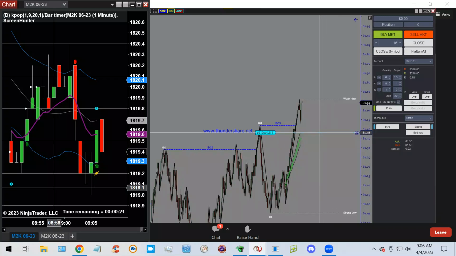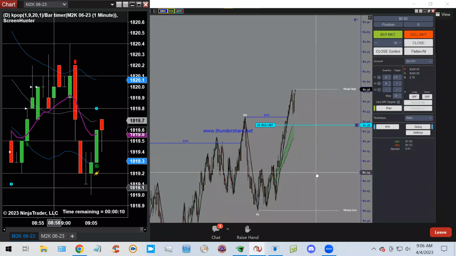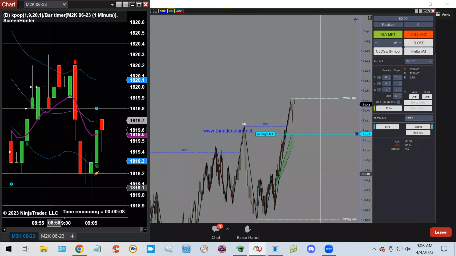Let's pull back, crude in an uptrend. Let's give us the pullback.